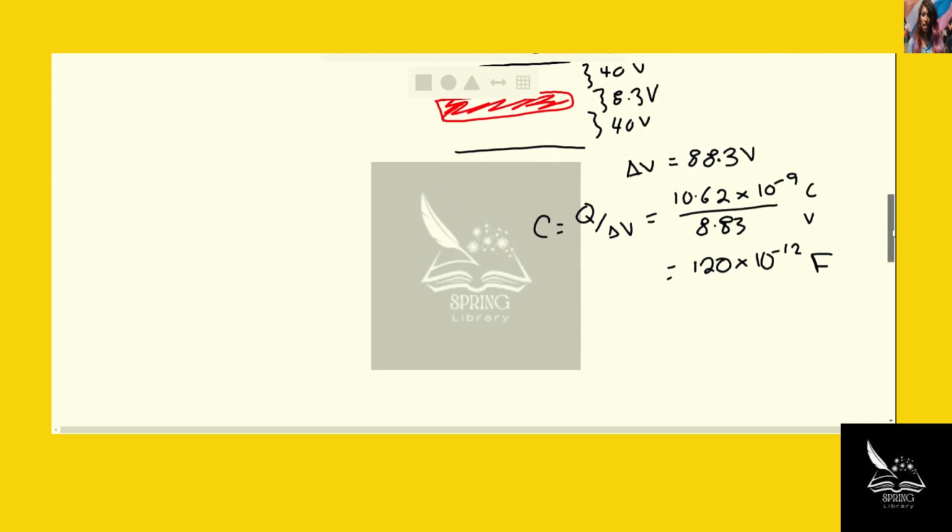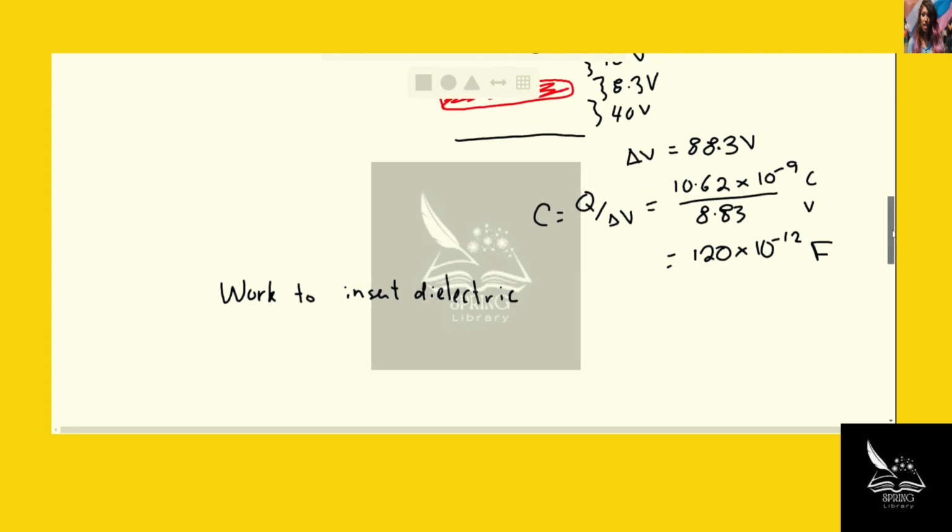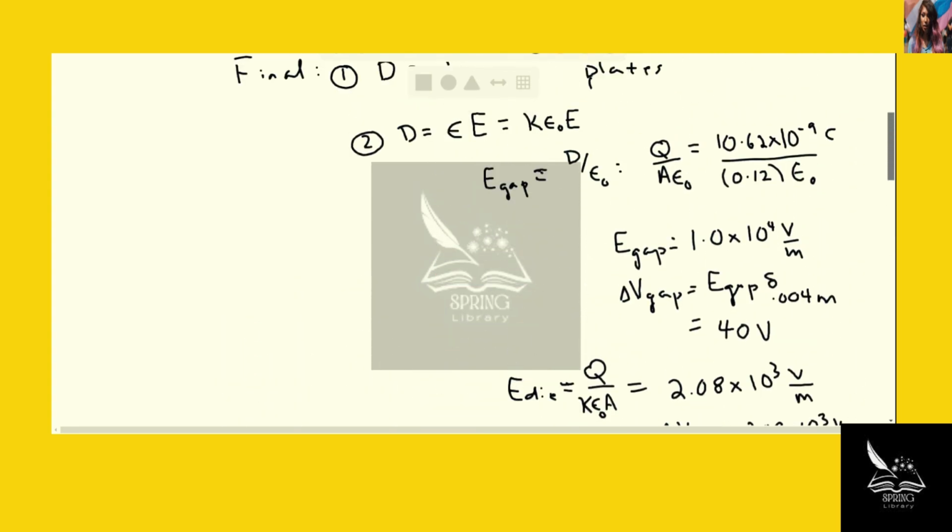And our last goal is to use potential energy stored in the field to figure out the amount of work done to insert the dielectric. And let's just take a gander before we do the calculation. Do you think it'll take positive or negative work?